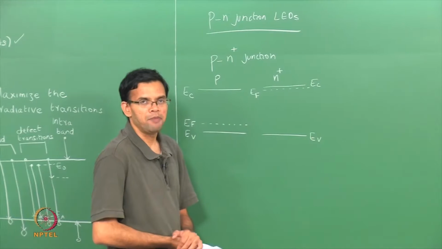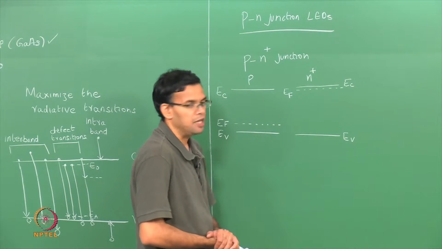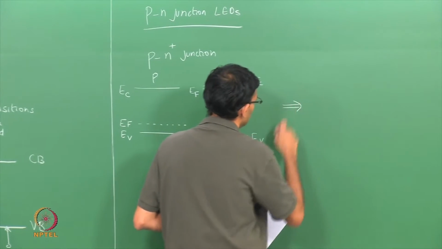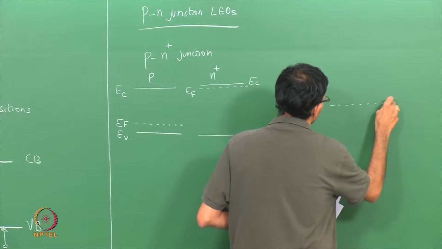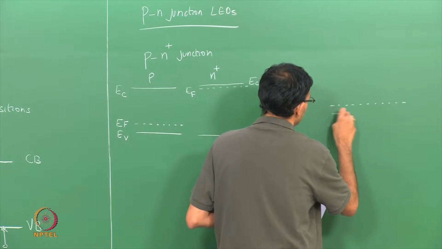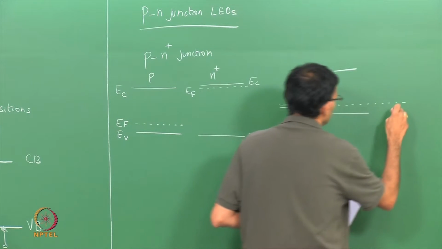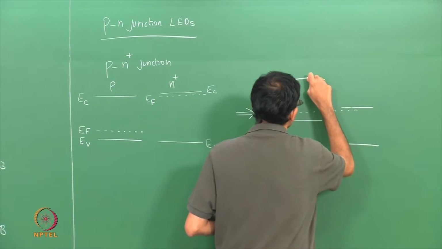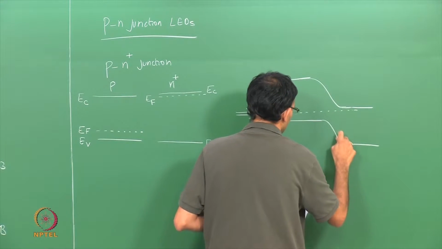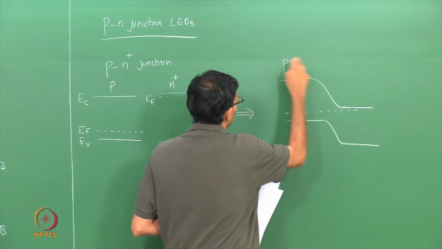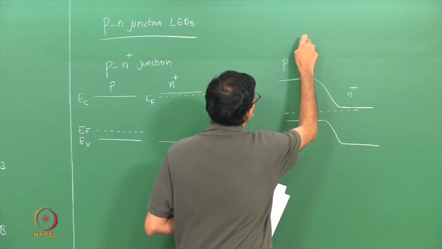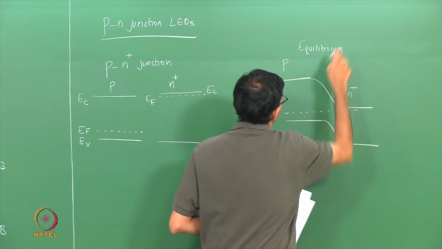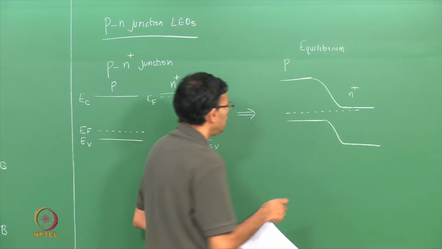So, now I form a PN junction. When this is at equilibrium, we know that the Fermi levels line up. So, this is the P, that is the N plus. So, this is the p-n junction in equilibrium.